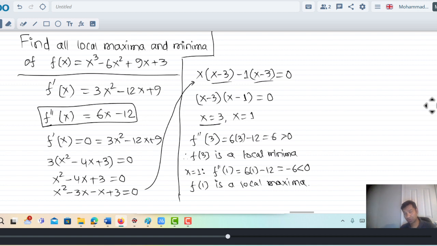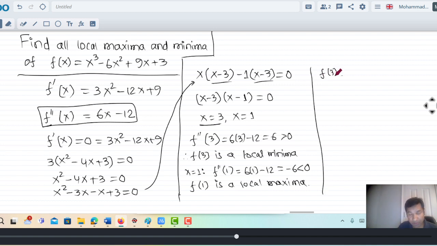So we can find the exact values of the local minima and local maxima. What is f(3)?